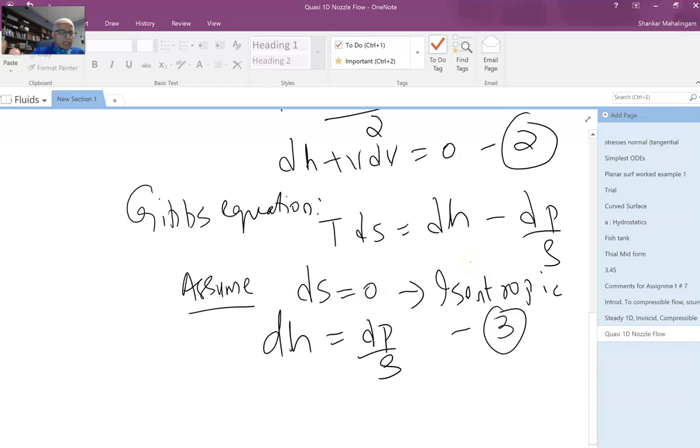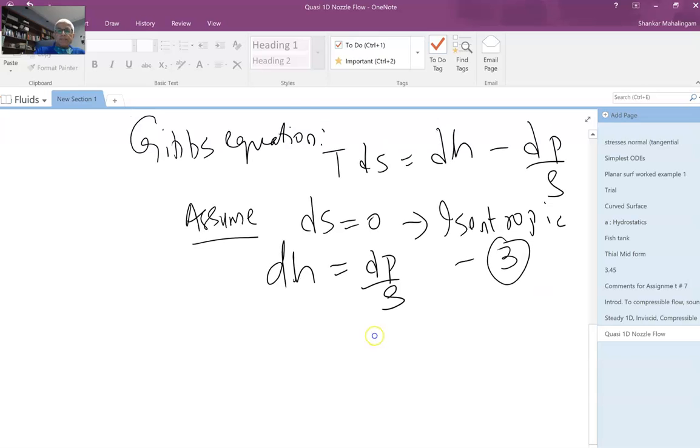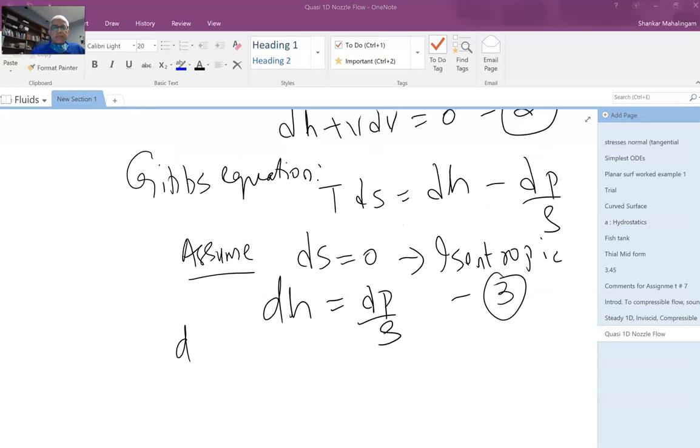Now I can substitute equation 3 in equation 2. In equation 2, we have this dH term, which can be written as dP over rho via equation 3, and then the next term is V dV equals 0.